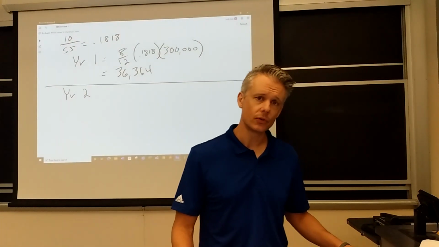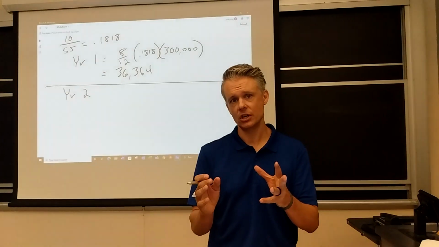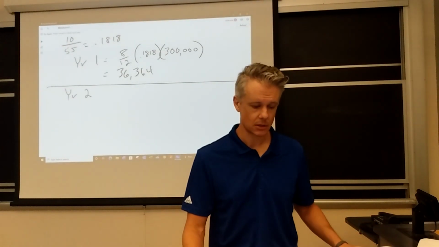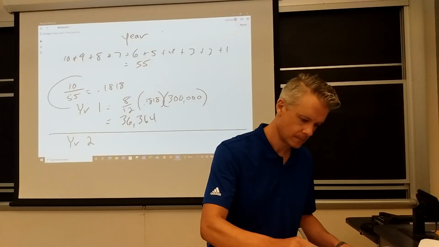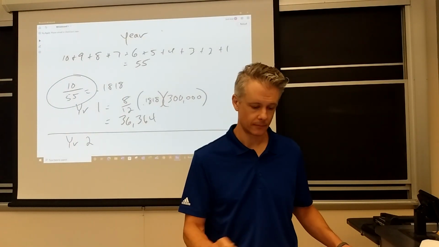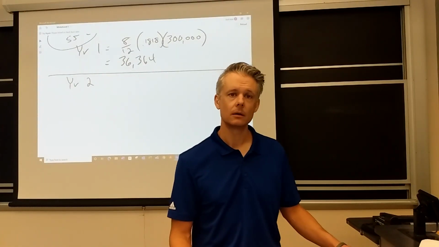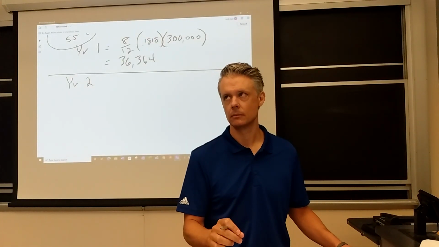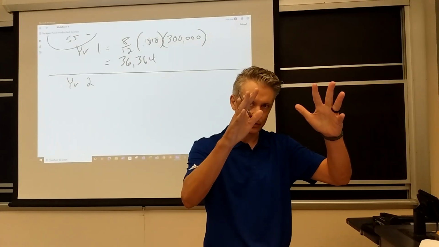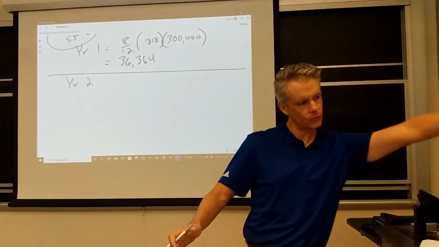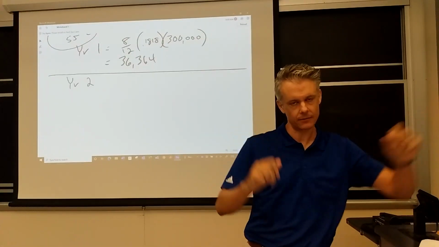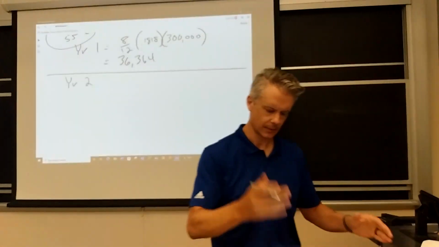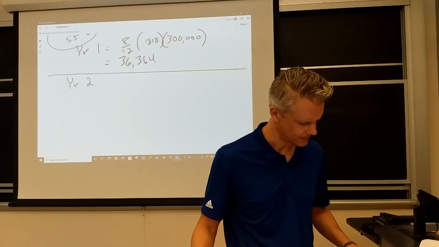So what we're going to do for year two is depreciate the remaining 4 months under this 10 years remaining, and then we will have 9 years remaining, and we'll take 8 months from that year in year two. So then we'll have a total of 12 months, 4 from the first 10 out of 55, and 8 from 9 out of 55. Let me put this on the board, it'll make more sense.